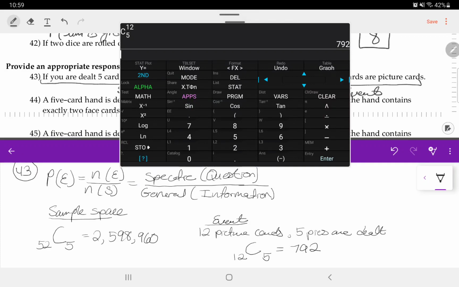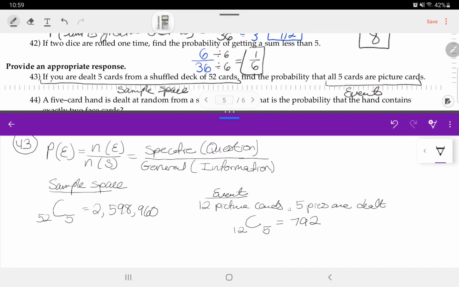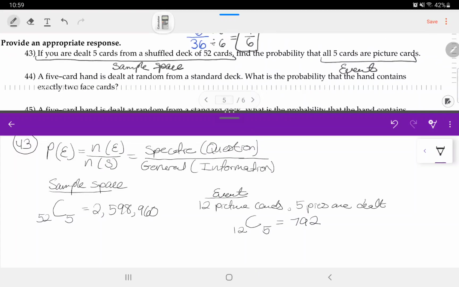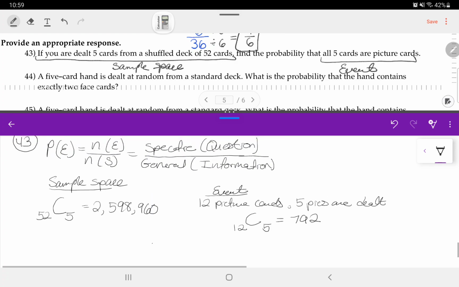So the probability of this question for number 43 is going to be the event, the number of ways the event can occur, which is 792, divided by the number of ways the sample space can occur, which is 2,598,960.